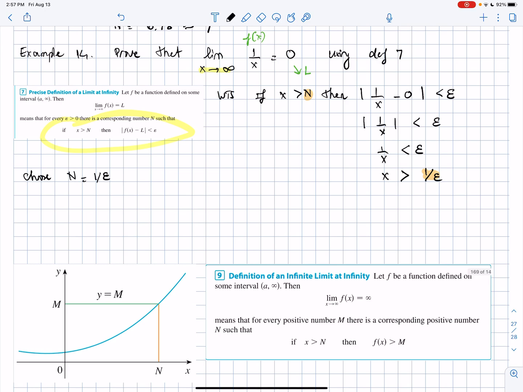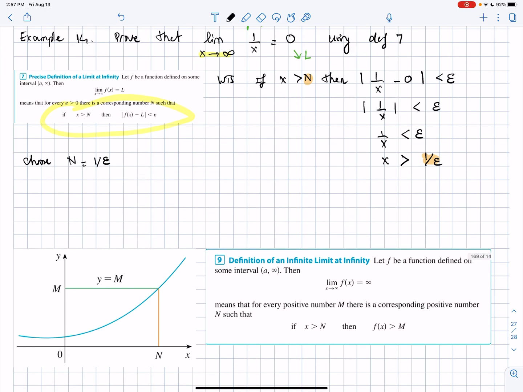So step number 2 is that we just verify what we did. We just redo what we did. For every epsilon greater than 0, and copy this sentence one more time, if we have x greater than N, we follow from this.